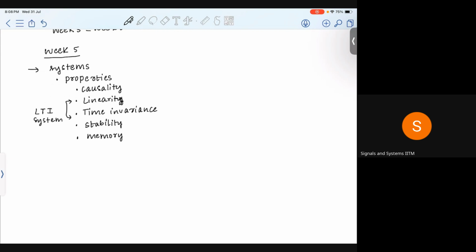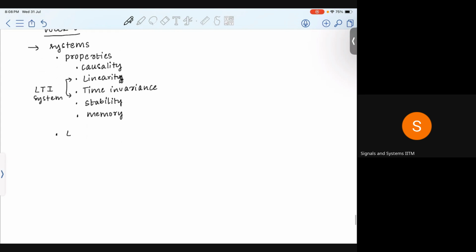And we have also specifically seen that an LTI system is characterized by an impulse response h of t, and the output of this LTI system y of t is the input convolved with h of t.